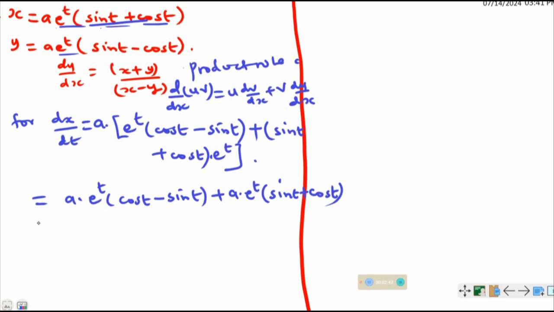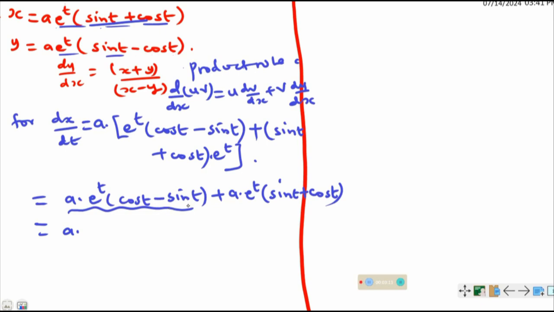So from here, we can easily see that this will be the same as a times. When we look at the whole of this expression, a e to power t (cos of t minus sine of t), we can easily create y, because y is given as a e to power t (sine of t minus cos of t).